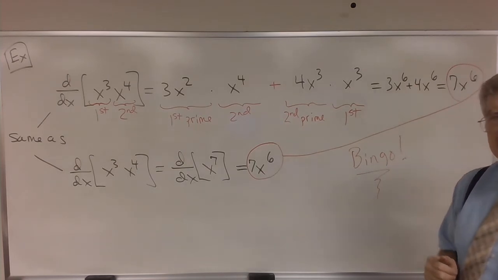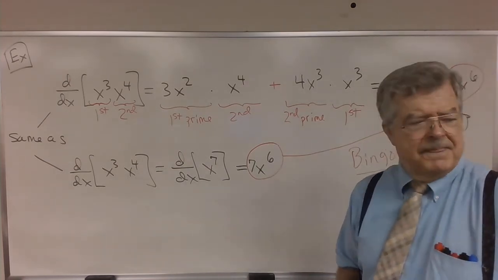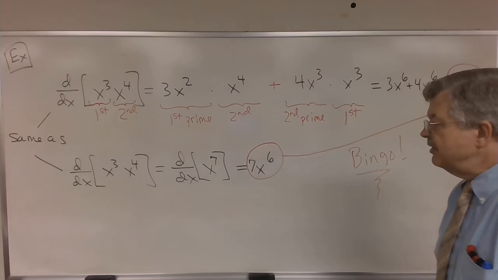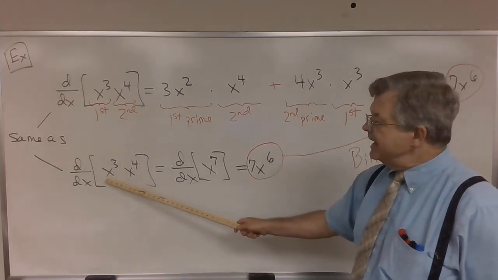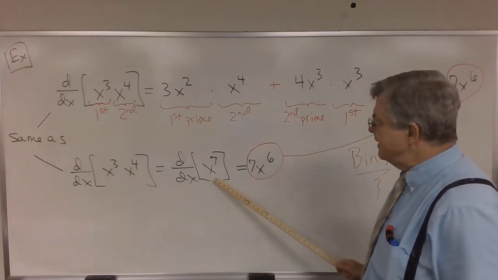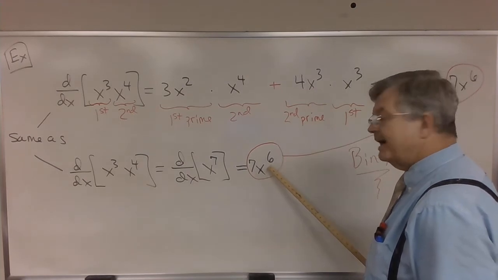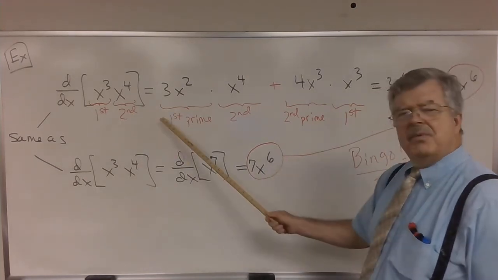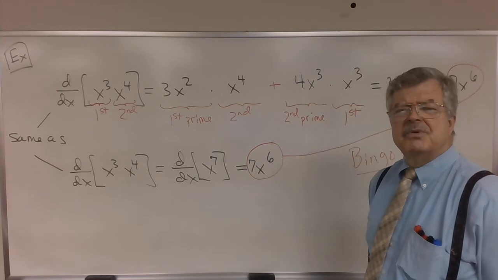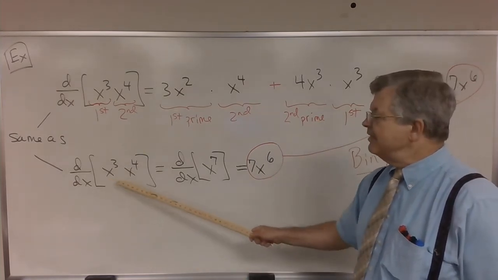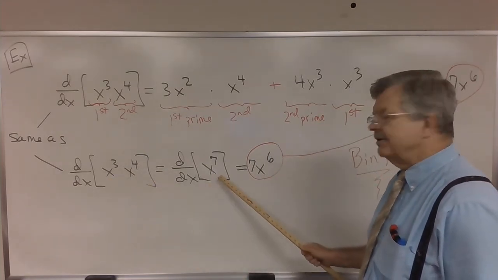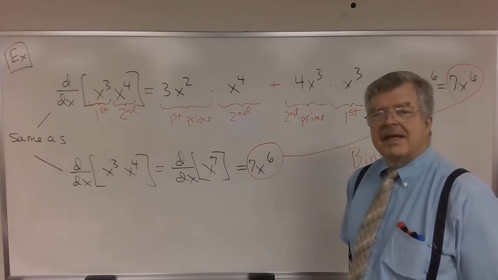And now you're probably asking yourselves, well, if we could compute this just by combining these two factors into one factor and using the power rule, then why do we need the product rule at all? Why can't we just combine the factors into one factor and use the power rule?